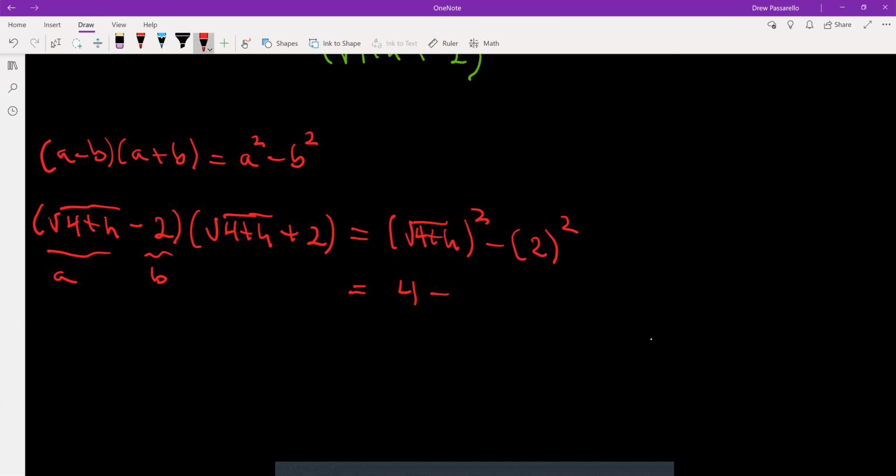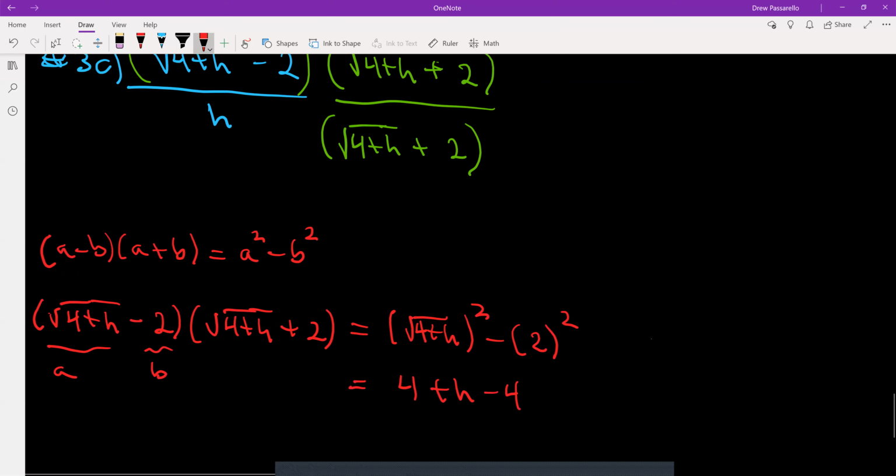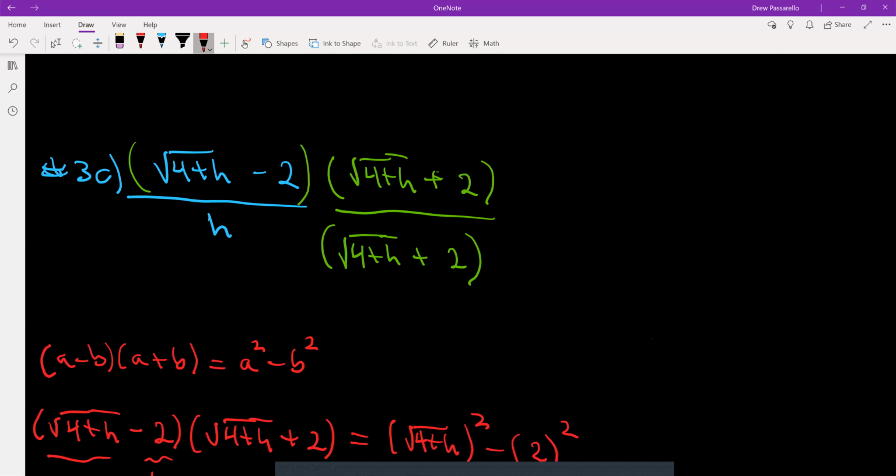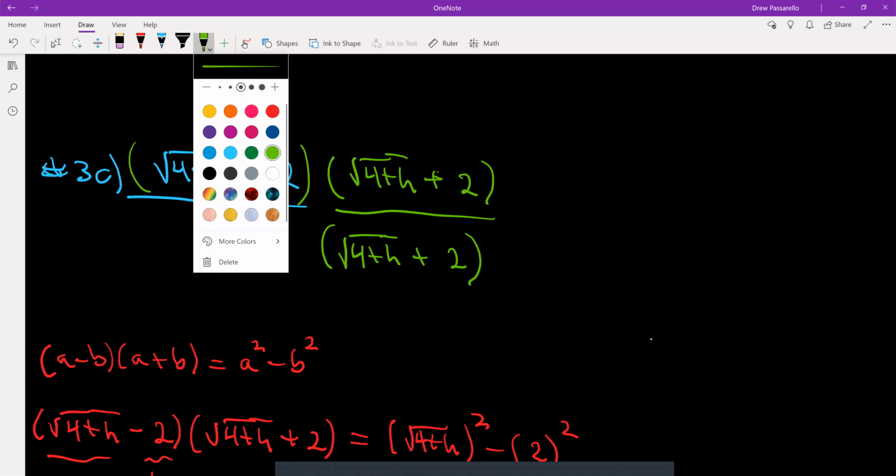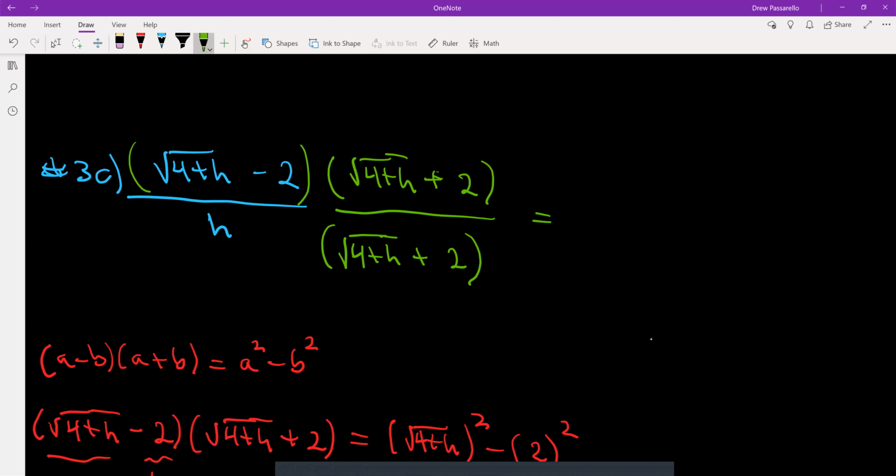So really, it's 4 plus h minus 4. Multiplying it by its conjugate, the square root of 4 plus h times itself makes the square root go away. So you just have 4 plus h, and then minus 2 squared, that's minus 4.